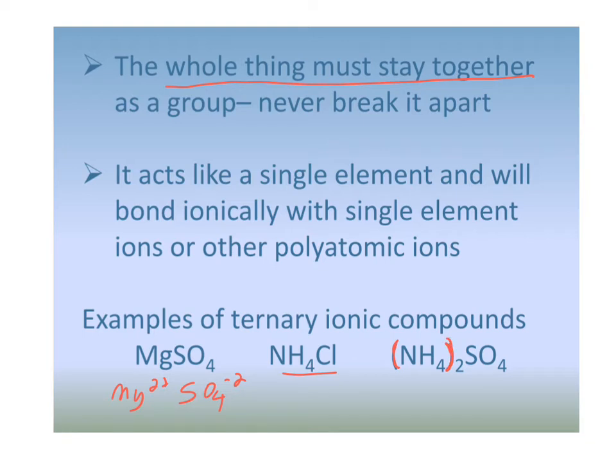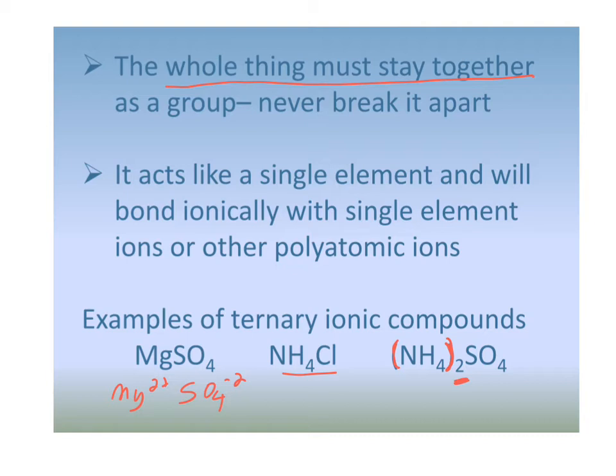And then this one here looks a little weird, and it looks weird because of these parentheses. There's only one place you're going to see parentheses, and that's in the formula of polyatomic compounds, and then you're only going to see them if we had to add a subscript when we wrote the formula. We'll talk more about that on the next assignment when we go into writing these formulas. But for right now, just know that if you see parentheses around something, it's a dead giveaway. That's a polyatomic.